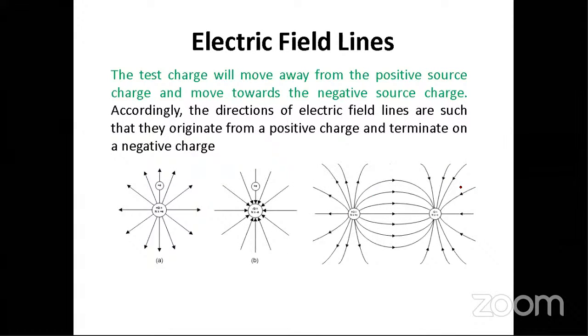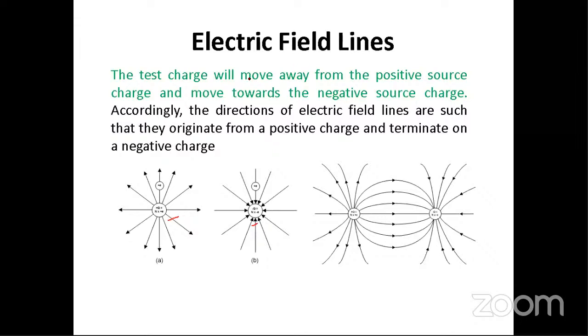Already I showed the field lines of positive charge and negative charge. You see the test charge will move away from the positive source charge due to the repulsive force and move towards the negative source charge. This is the convention.